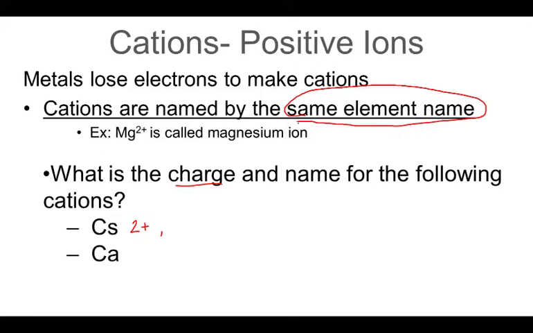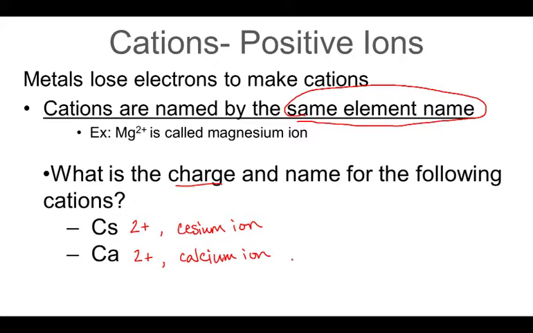Cations are named by the same element name, so it's cesium, and we just call it cesium ion. I know, it's crazy. Calcium is in group 2, so it's 2+, and this will be called a calcium ion.